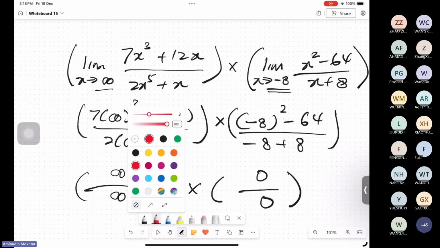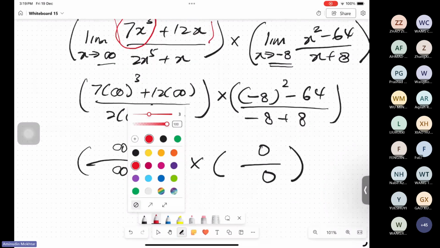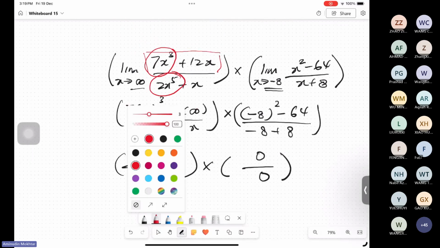For the numerator, the highest degree of x is 7x to the power of 3. For the denominator, the highest degree of x is 2x to the power of 5.